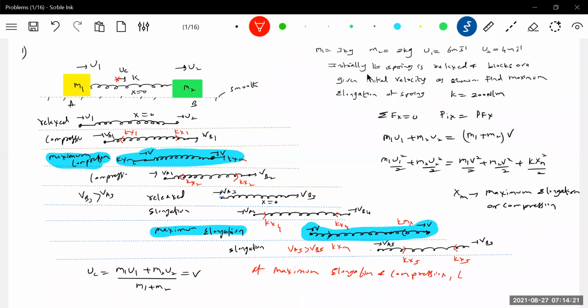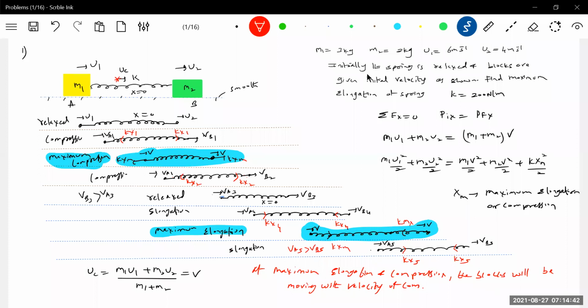Center of mass will continue to move with common velocity, nothing will happen.